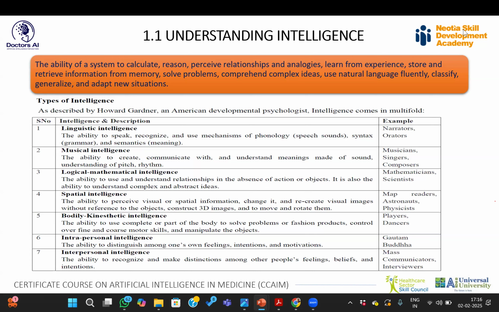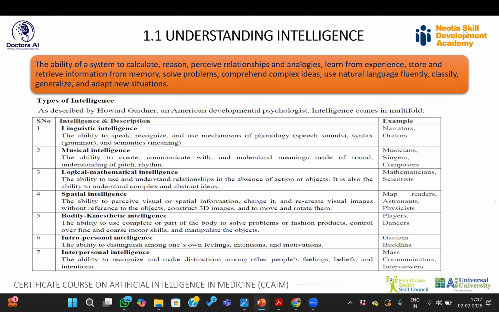Then is the logical and mathematical intelligence. So it is the ability to understand and use relationships in the absence of actions or objects. Spatial intelligence, this is very, very important. It is the ability to perceive visual or spatial information, change it, and recreate visual images. Other than that, we have the bodily kinesthetic intelligence, which is also very important.